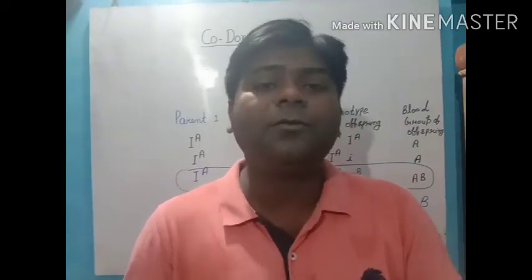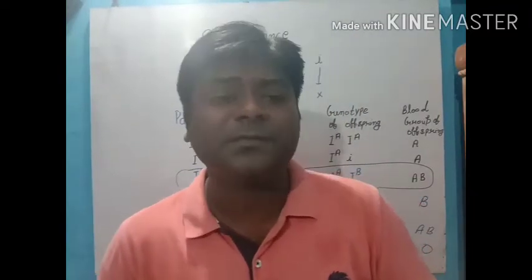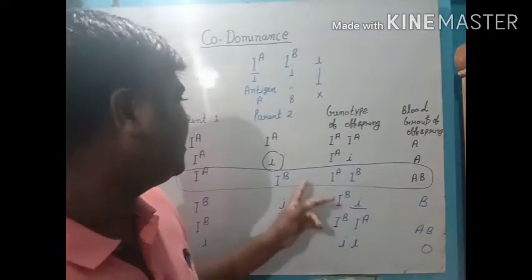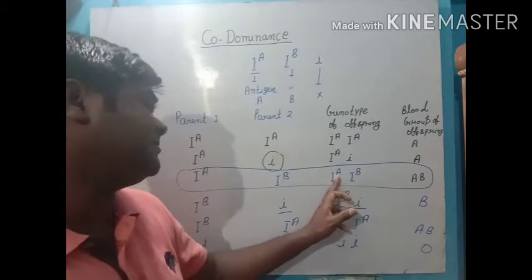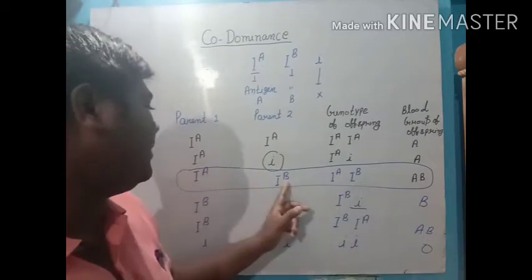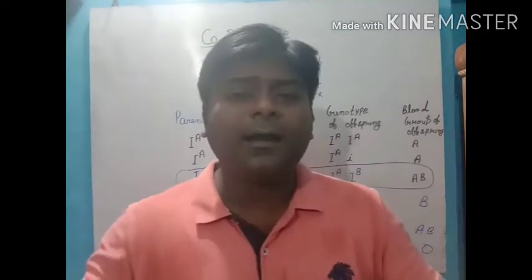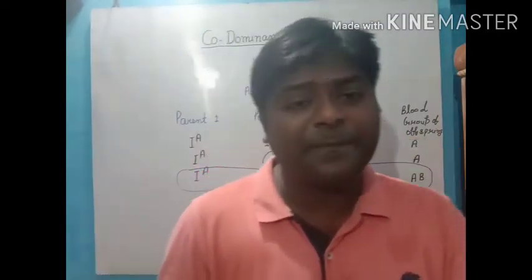Let's define codominance. It is very easy to define with the help of this understanding. What should the definition be? When two dominant alleles are combined together, they are able to express together.